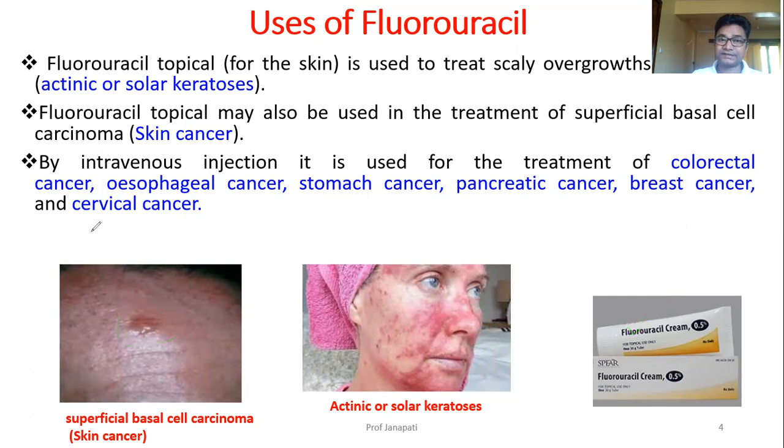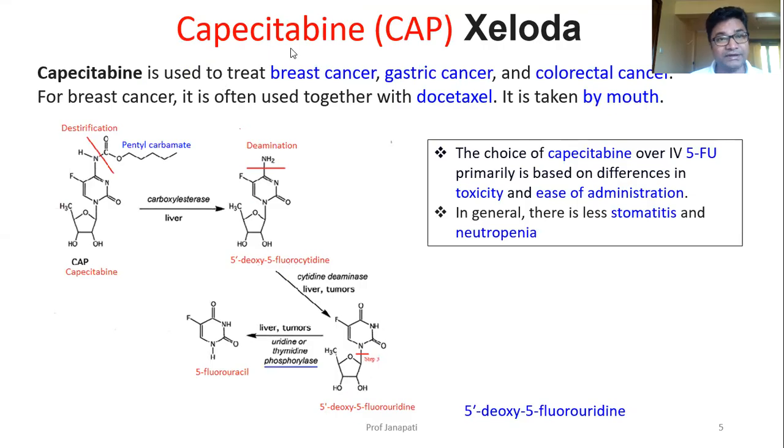Next, let us see capecitabine. Capecitabine is one more excellent drug. Nowadays, the side effects we see with 5-fluorouracil are minimized by capecitabine, and the beauty is that it is given in the form of tablet. It is also used in the treatment of breast cancer, GIT cancer, and colorectal cancer, and it is very, very good in colon cancer.